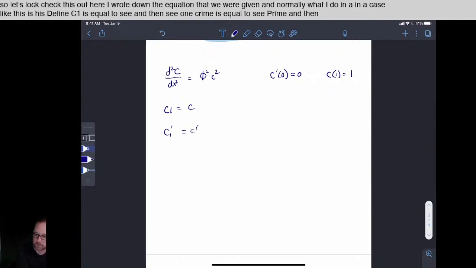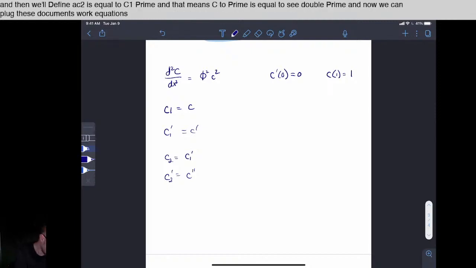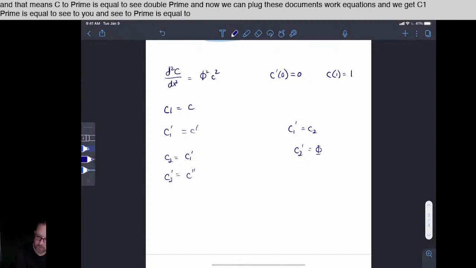And then we'll define C2 is equal to C1 prime, and that means C2 prime is equal to C double prime. And now we can plug these back into our equations and we get C1 prime is equal to C2, and C2 prime is equal to the Thiele modulus squared C1 squared.